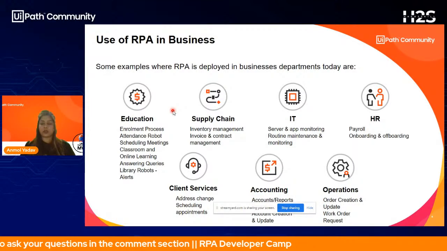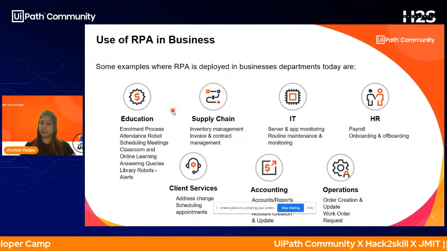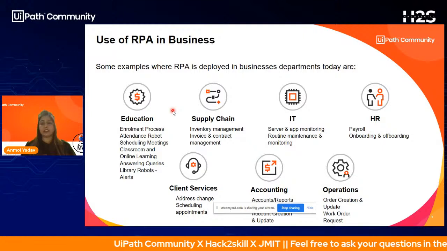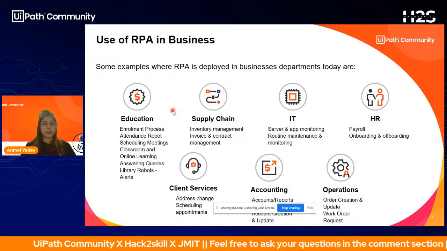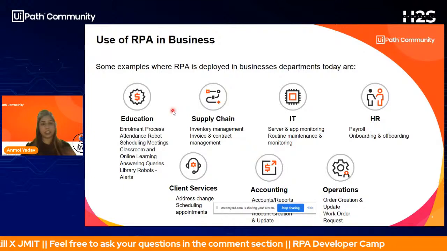So all the monotonous tasks are being done by a robot, and all the meaningful and more productive tasks are being done by the employees. So this would benefit the employee as well as the organization. And this is the reason why RPA is being so much in buzz these days in the IT world.